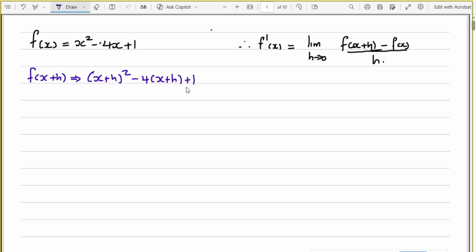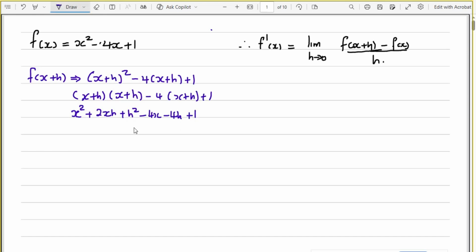If I expand the bracket, this is (x plus h) squared minus 4 into (x plus h) plus 1. Since we work with (x plus h) squared most of the time, we already know that when we multiply the bracket, this is x squared plus 2xh plus h squared, then minus 4x, then minus 4h, then plus 1.